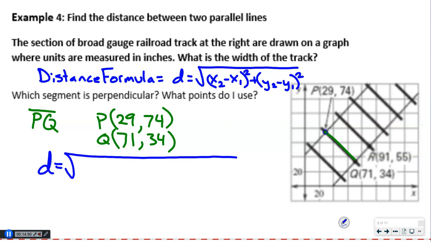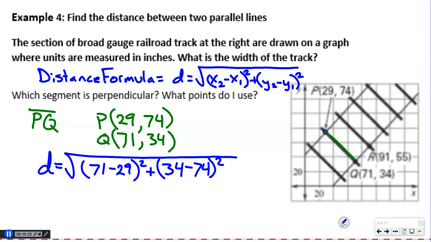Big long square root sign. Take our x's of 29 and 71. We're going to subtract them from one another. 71 minus 29 squared. So I've identified Q as my second point, so I need to use Q's value for my y2, which is 34 minus 74, and that'll be squared.